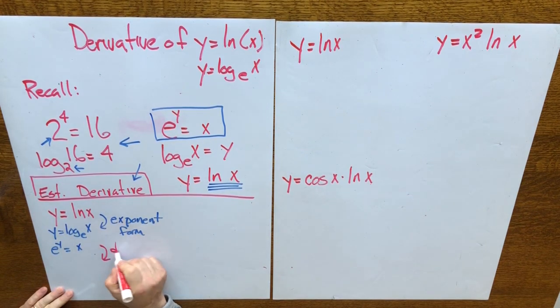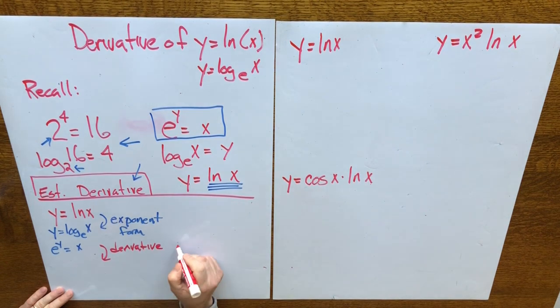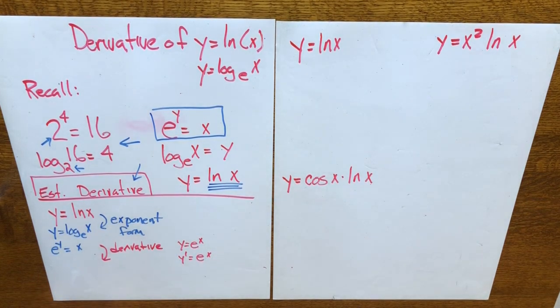Then we take the derivative, since we know that if y equals e to the x, y prime equals e to the x. And we will do that with this one, but it is implicit differentiation.